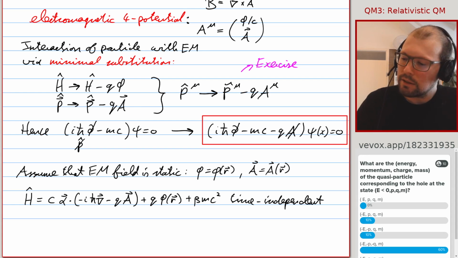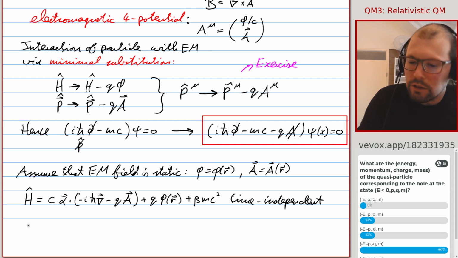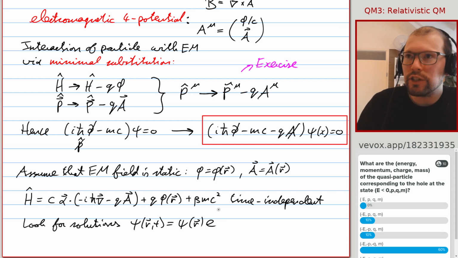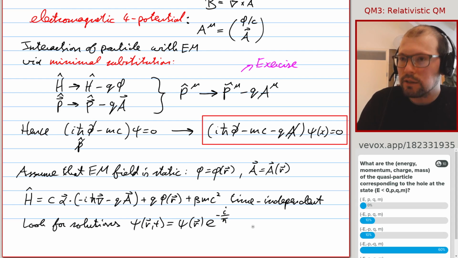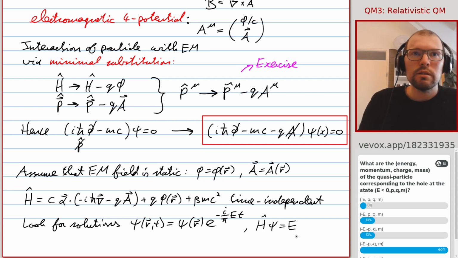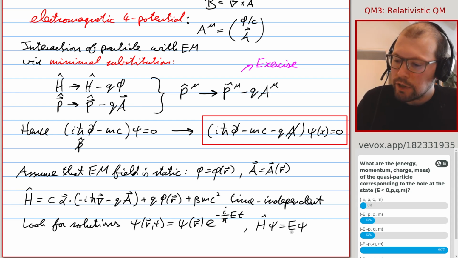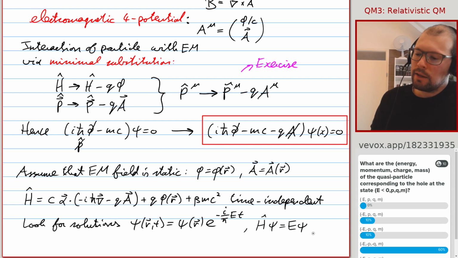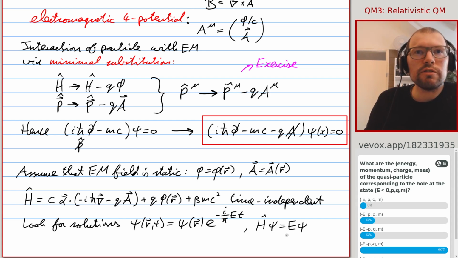We look at the homogeneous solutions, the static ones, where I just have the phase oscillating with energy E. So I get the time-independent Schrödinger equation with energy eigenvalue E. And we're interested in non-relativistic solutions.